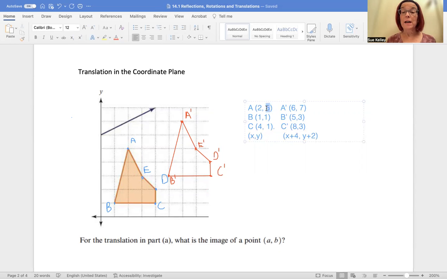Here for our Y, we have 5. We want to do Y plus 2. Y plus 2 is 7. It fits our pattern. So basically, what we're saying here is depending on the arrow and our translation, it's going to be X or Y plus the number of X on our translation and the number of Y on our translation. So again, this pattern is going to hold true for any translation that you do in the coordinate plane.